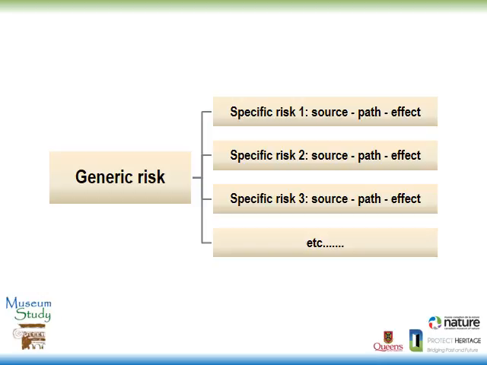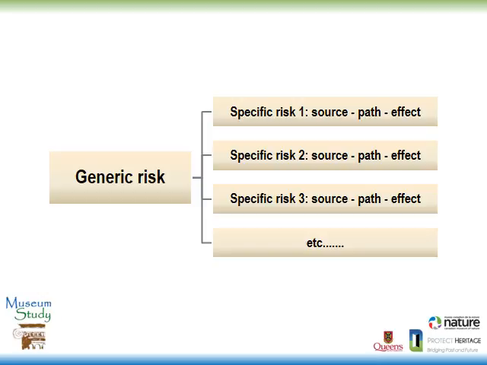Now it happens for type 1 risks, identifying different sources is really most critical to defining a set of risks. For type 2 risks, it's often identifying different paths. So sporadic water leaks, how does the water get at the collection? Or criminal activities, how does the criminal get at the collection?